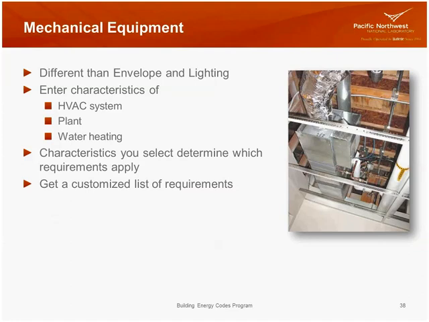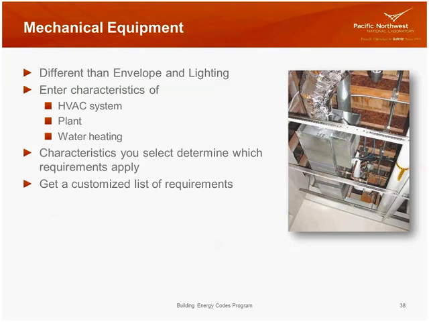Now with mechanical, so far we've talked about the project, how you enter project information, a brief look at envelope and envelope assemblies, interior and exterior lighting, and now mechanical. Again, it's not a pass or fail, different than the envelope and lighting, but you're entering the characteristics of either an HVAC system, plant, or water heating.